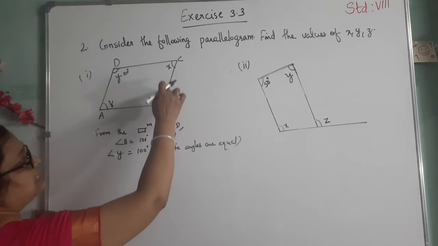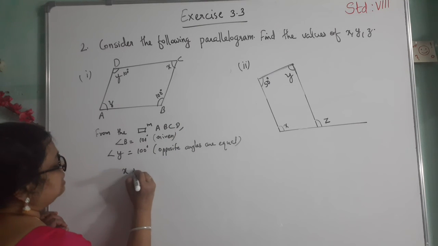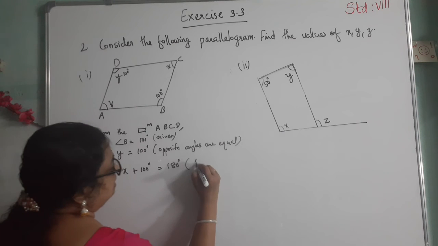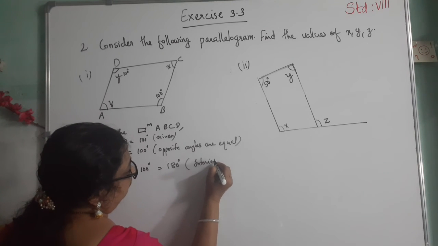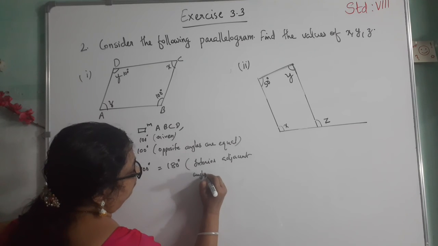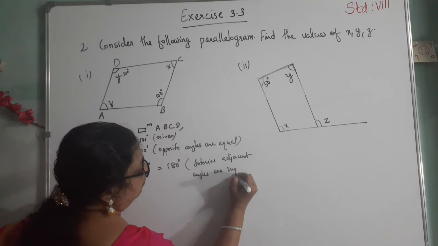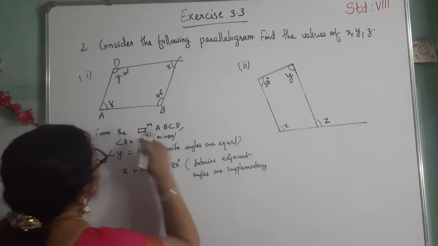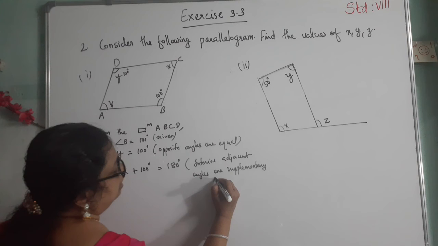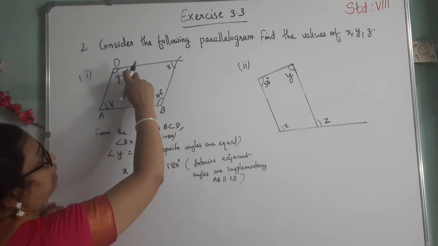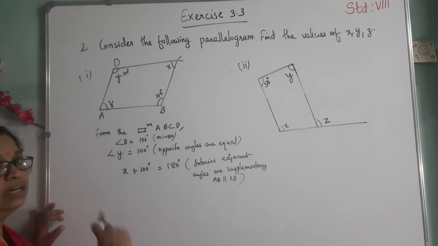Then x plus 100 degrees equals 180 degrees, because interior adjacent angles are supplementary. AB is parallel to CD, and CB is the transversal.